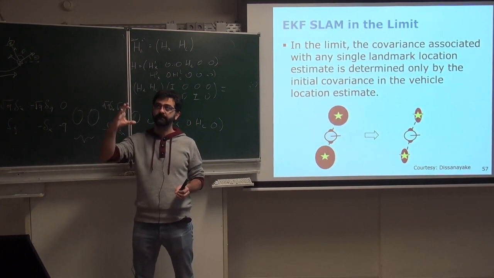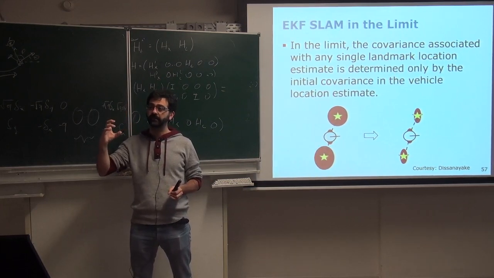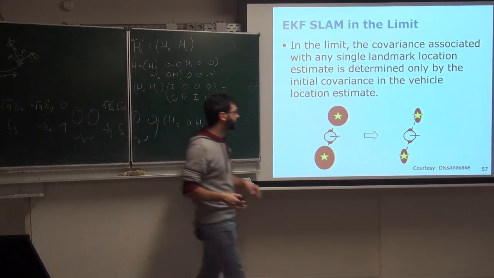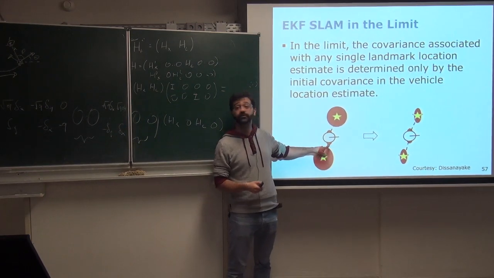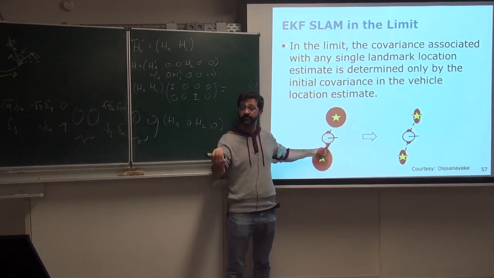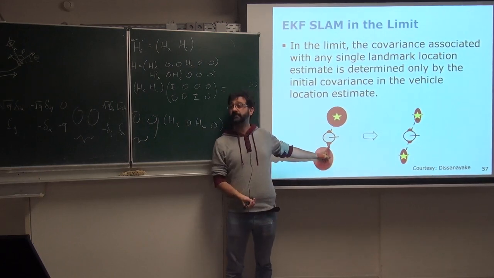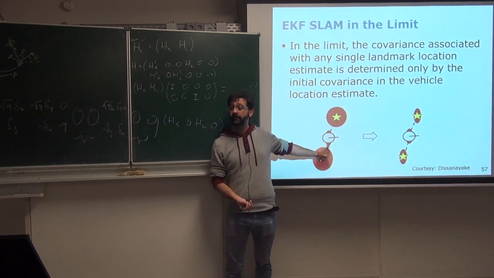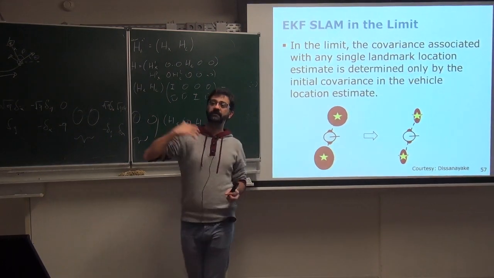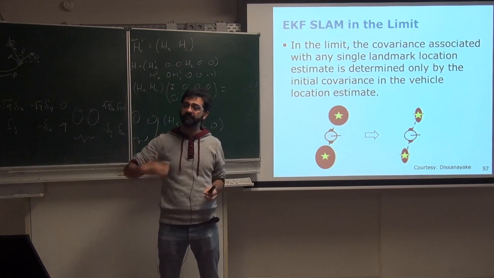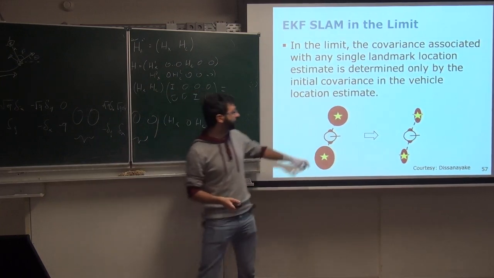So imagine that you initialize your system with this uncertainty. So the first pose of the robot has this uncertainty. You can never be better than that, okay? And everything at each time that's connected in the future or is connected to the landmark can never be better than that. Now, this will be like your lower bound.